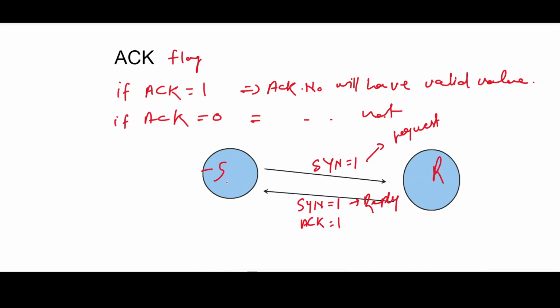The sender sends traffic, and the first time only a SYN packet will reach out. Now if anybody receives a SYN and ACK packet, that means you have received my packet and I have information about you, then you send a SYN and ACK packet, otherwise you will not send.